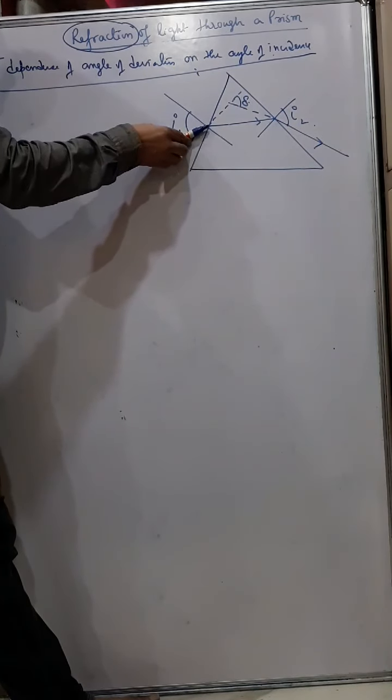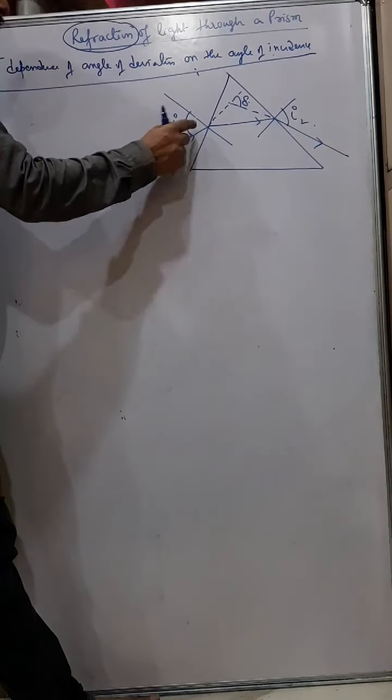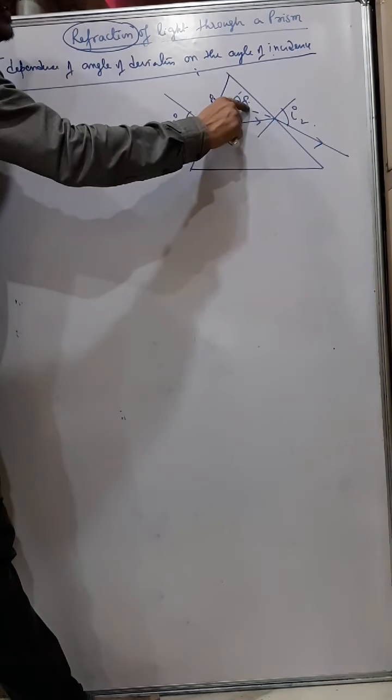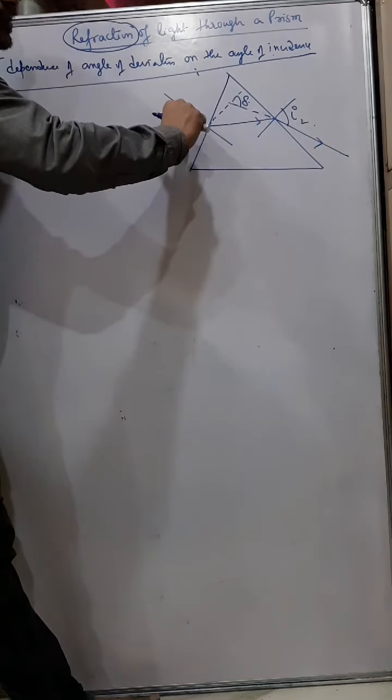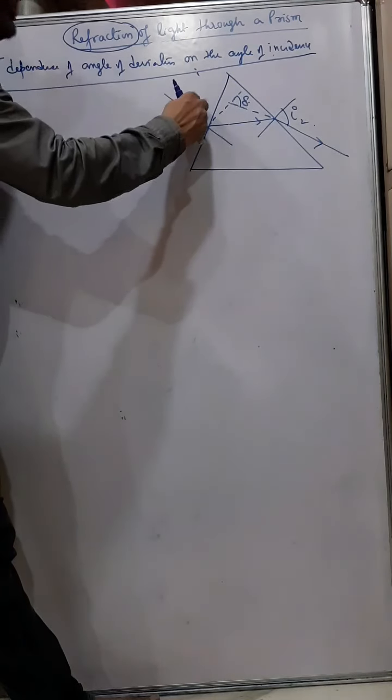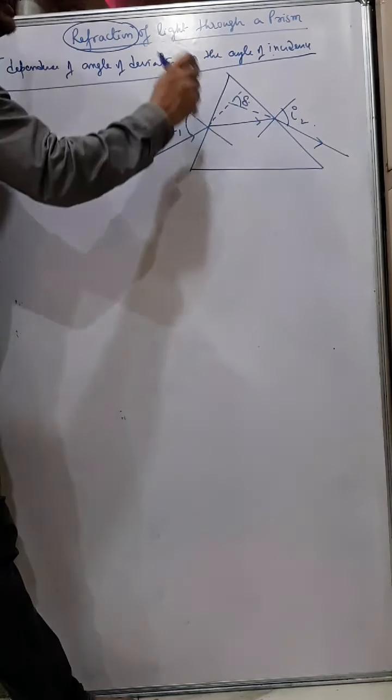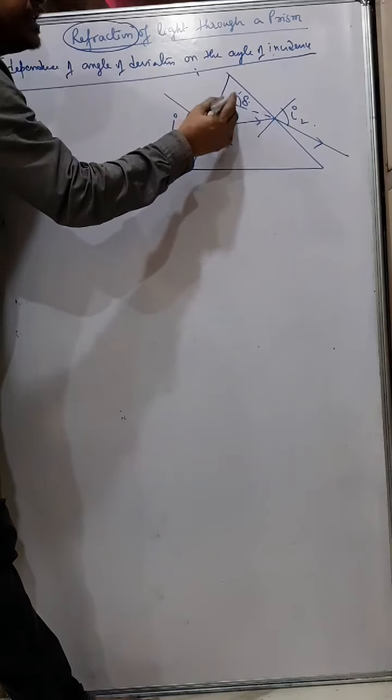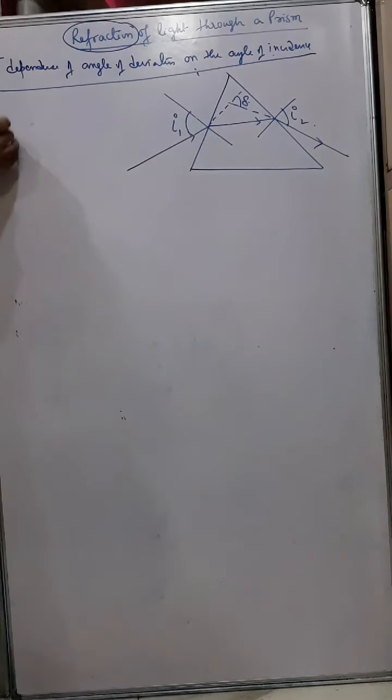As I increase the angle of incidence, so this is say 30 degree, the angle of deviation is this, and when I increase the angle of incidence from 30 to 40 degree, the angle of deviation decreases. So the angle of deviation decreases and decreases.